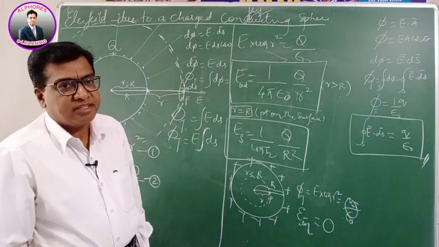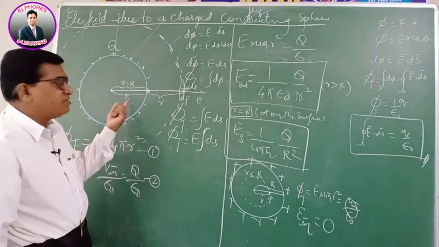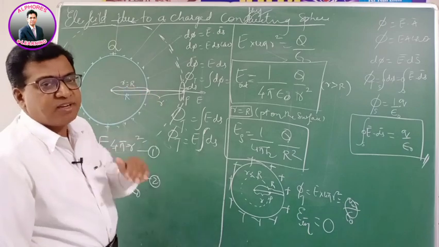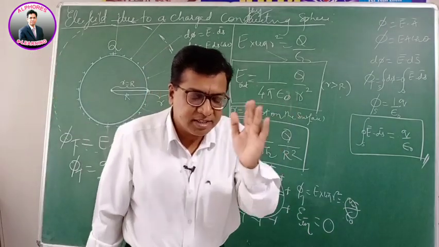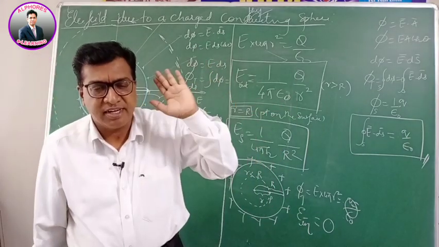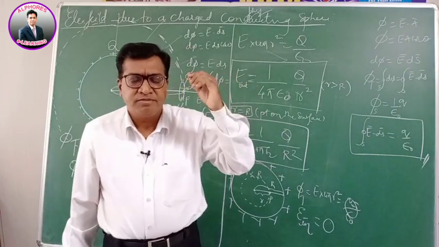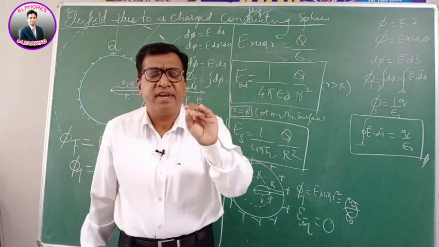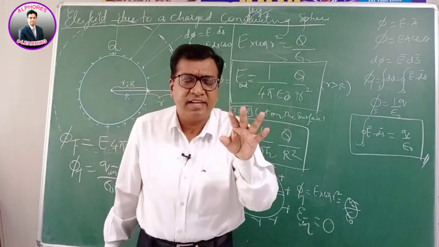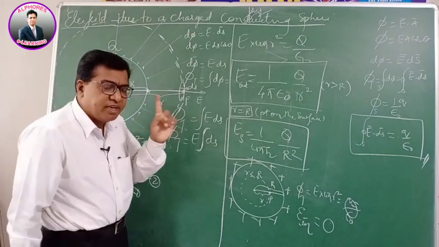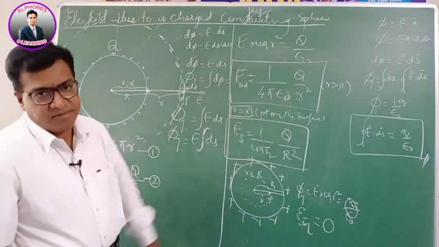So this behaves as a hollow charged sphere, and you can remember it as a hollow charged sphere. Whether it is conducting or non-conducting, a hollow charged sphere and a charged conducting solid sphere both behave the same. Same formulas we will be getting. Right? Thank you.